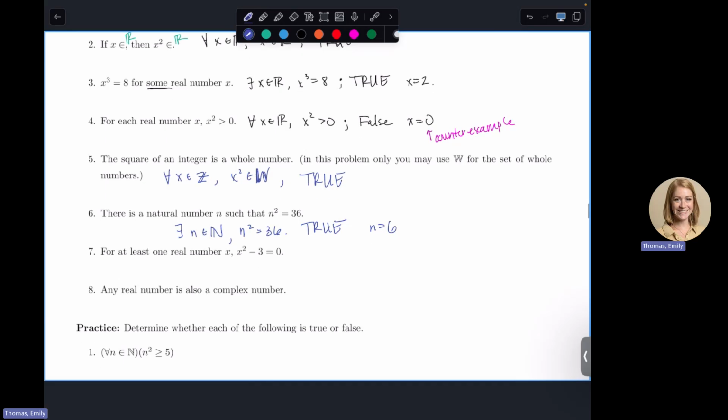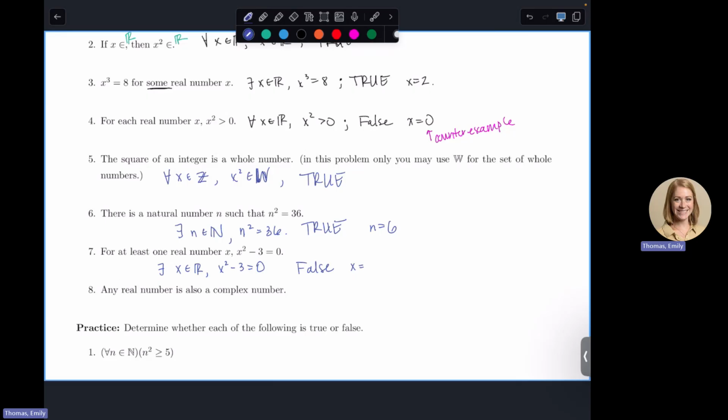For at least one real number x, x squared minus 3 equals 0. There exists an x in R such that x squared minus 3 equals 0. I believe that this is false also, because x would have to equal, oh no, that's a real number, right?